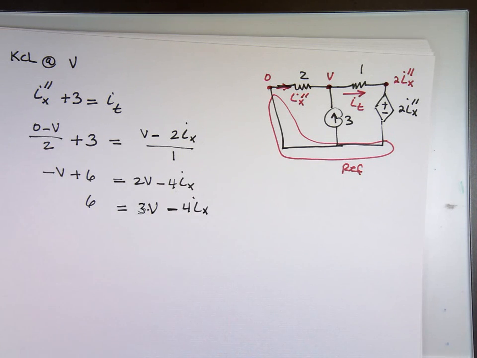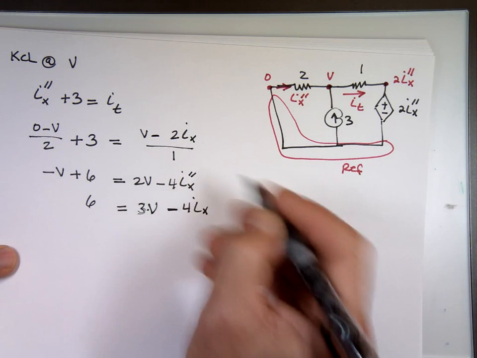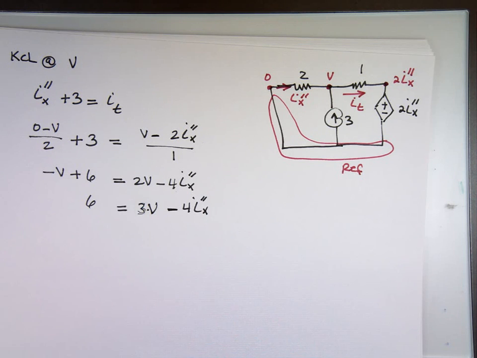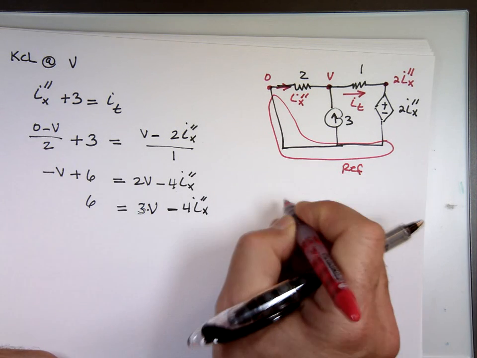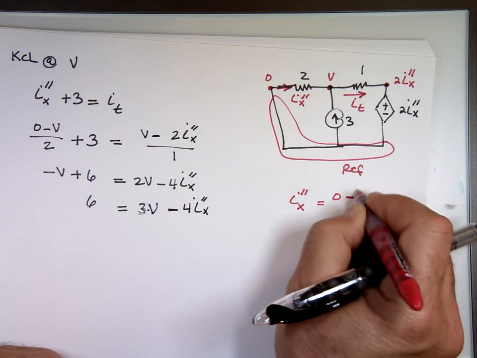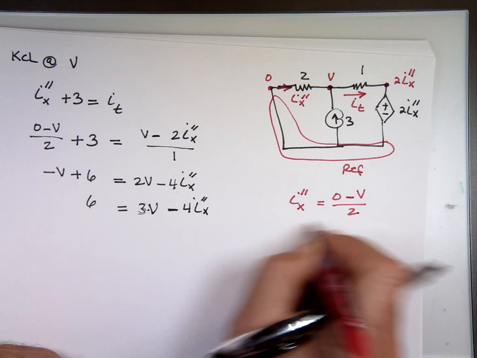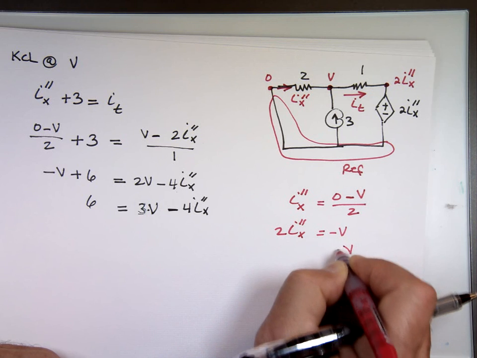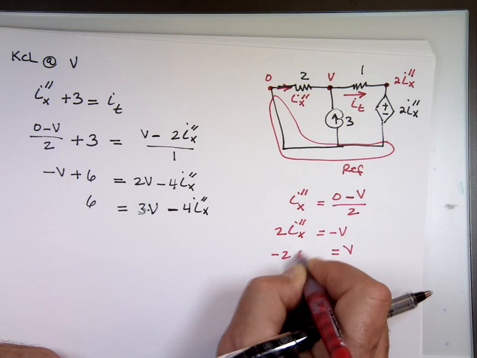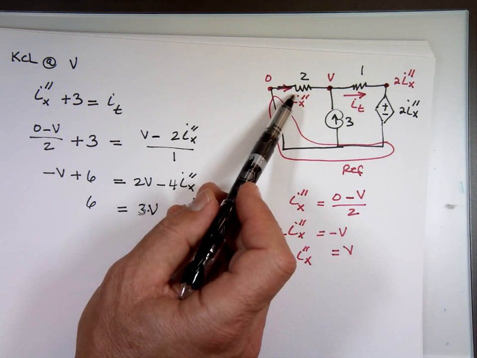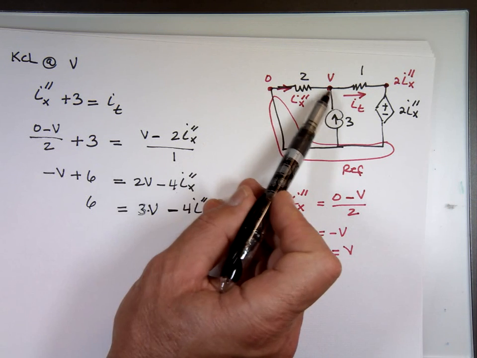I sub x double bar here. Now, going again, we said what is I sub x double bar? It's 0 minus what? V divided by 2, which means 2 times I sub x double bar equals negative V, or V equals negative 2 times I sub x double bar. From right there. I sub x double bar is this minus that divided by 2.